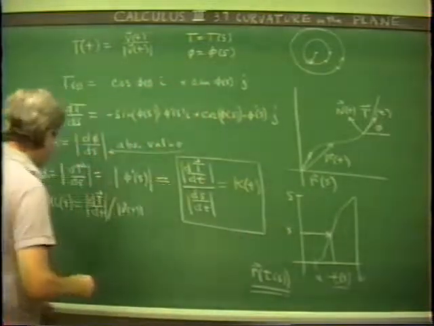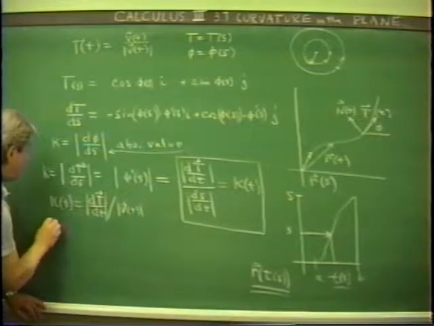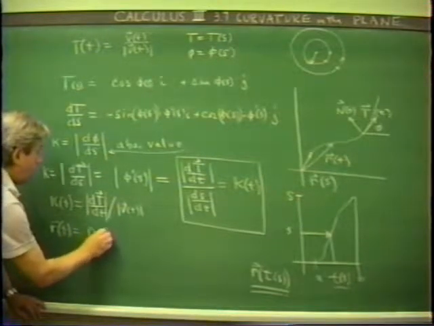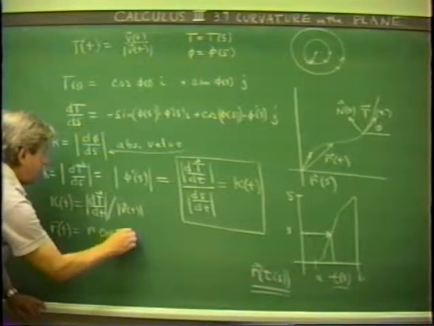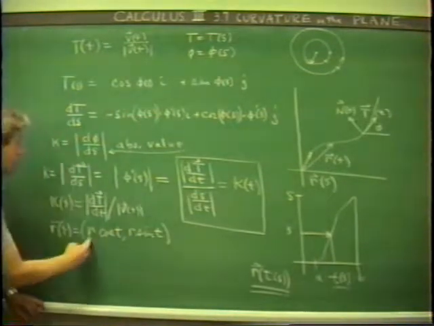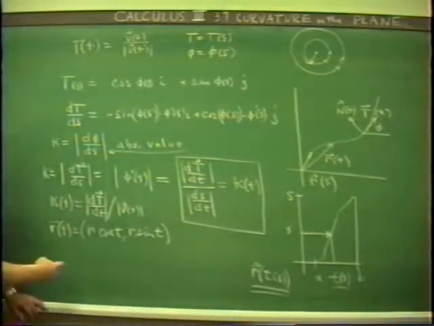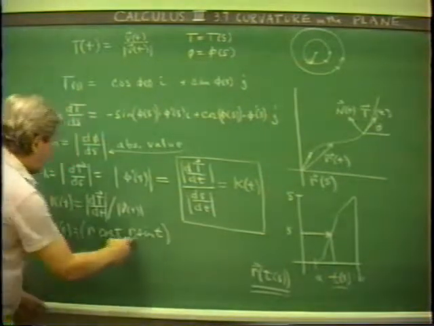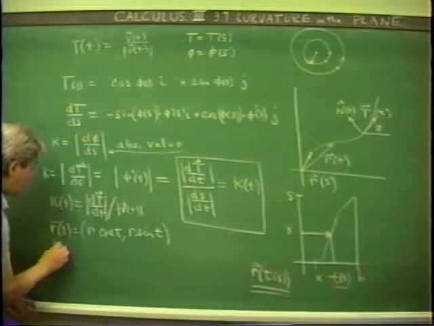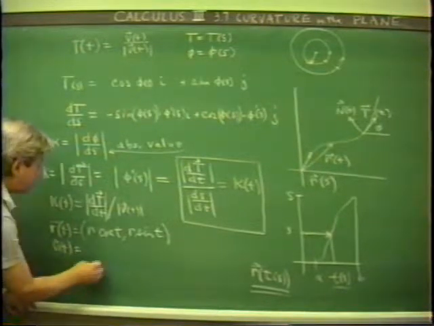All right. In particular, we want to take a look at a circle of radius r and see what this gives for the curvature. For a circle of radius r, we let r of t be r cosine t, r sine t. This is a parameterization of a circle of radius r.